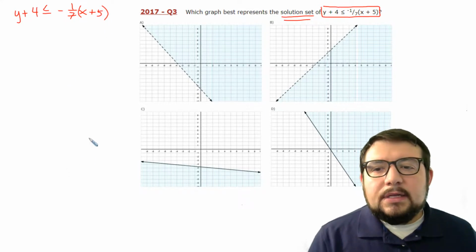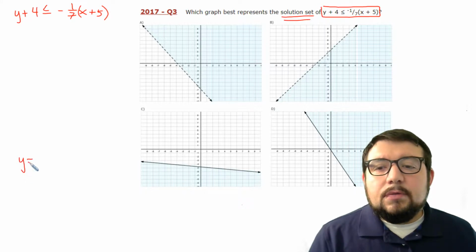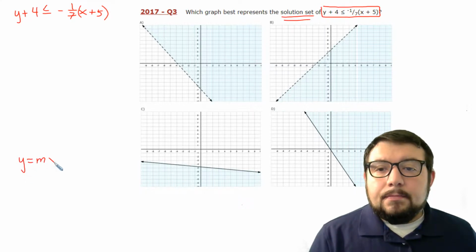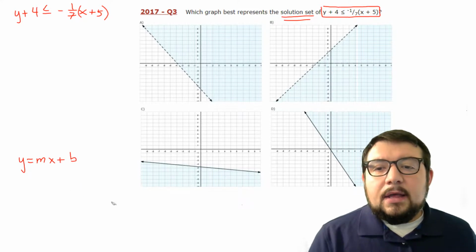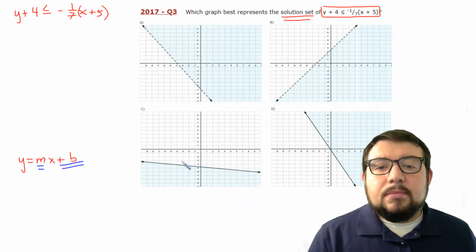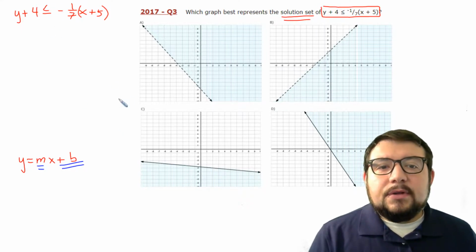Well, because I would like to get my equation to look like slope-intercept form. Because if I can do that, I can use the slope to check the inequality, and I can also use the y-intercept to check the inequality and make sure that the border line is correct. And I can also use the inequality symbol to figure out if it should be colored in on the top or on the bottom.